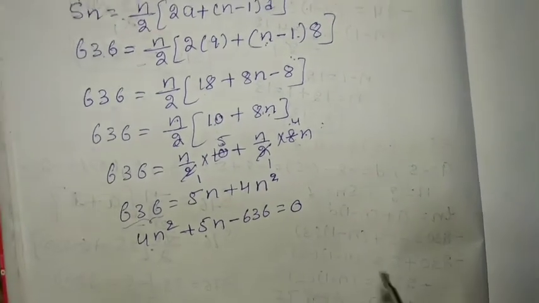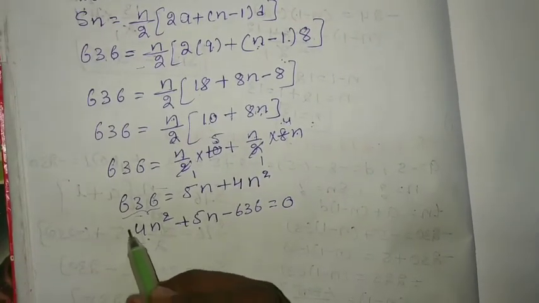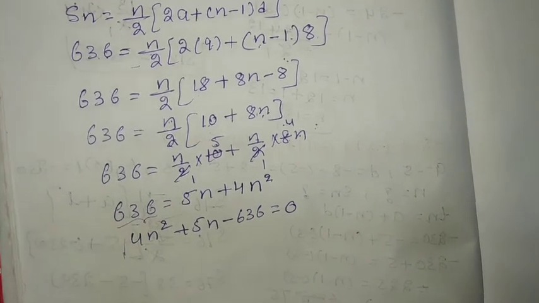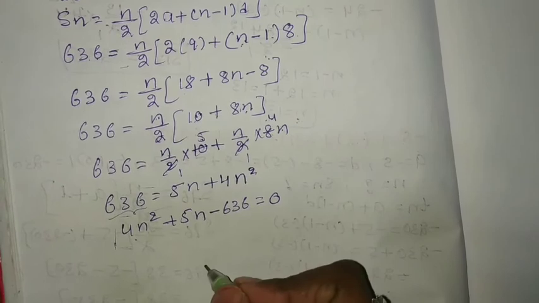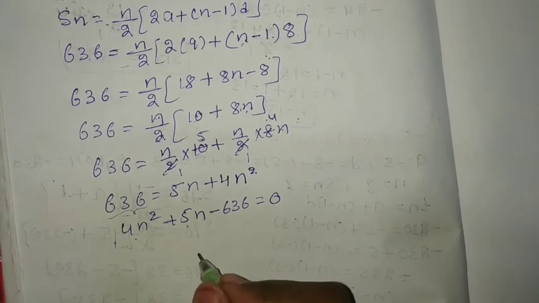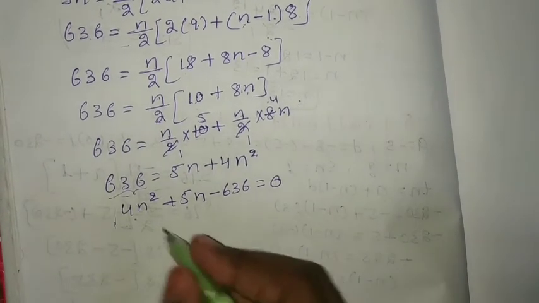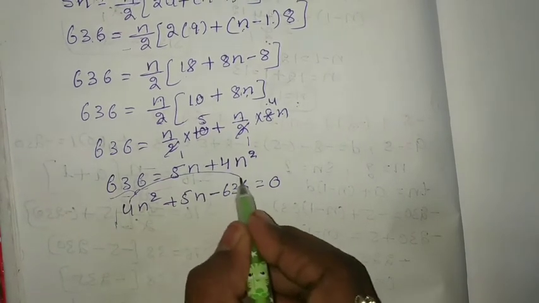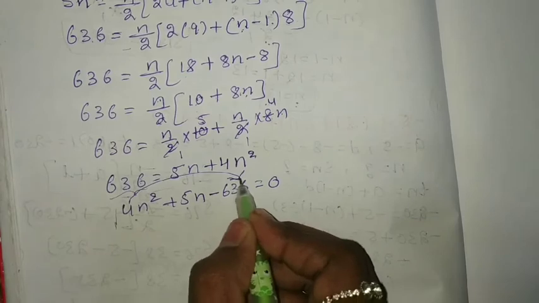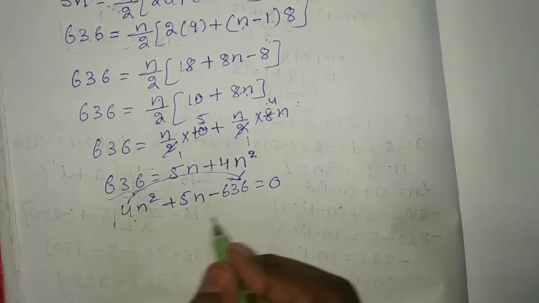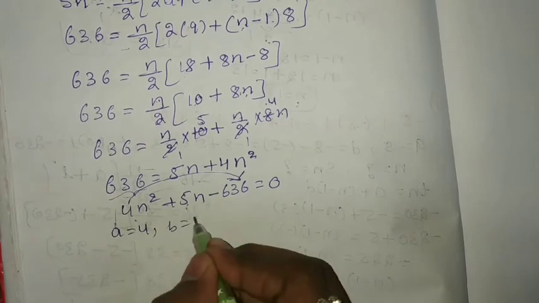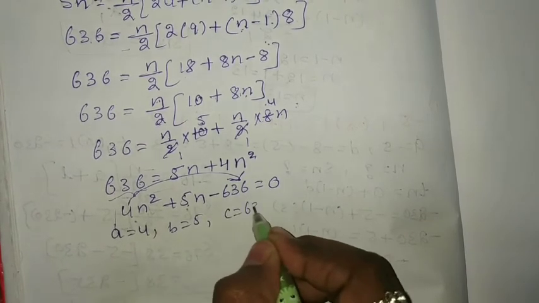Now see here. We need to use the factorization method. Do you know how we can do the factorization method? Let me explain. First of all, you need to multiply 4 into 636. So you can write a is equal to 4, b is equal to 5, and c is equal to 636.